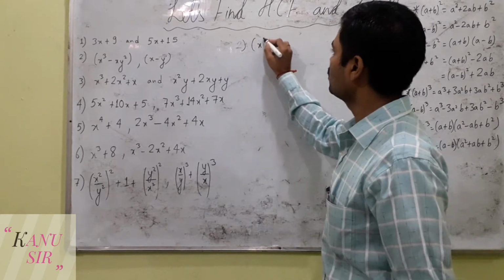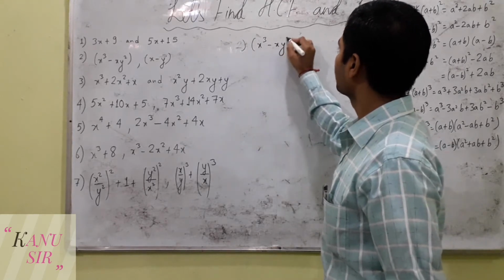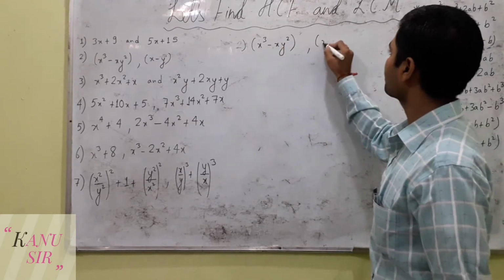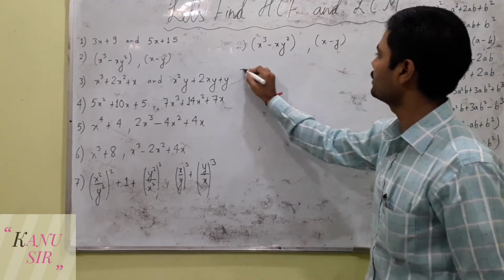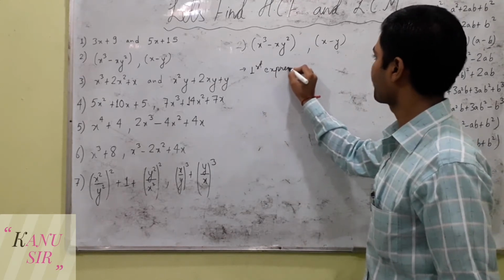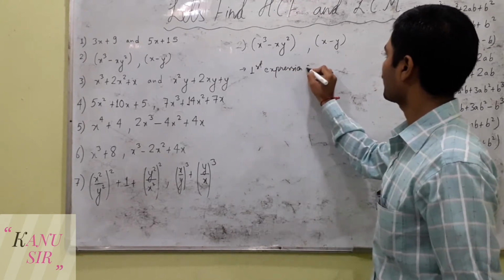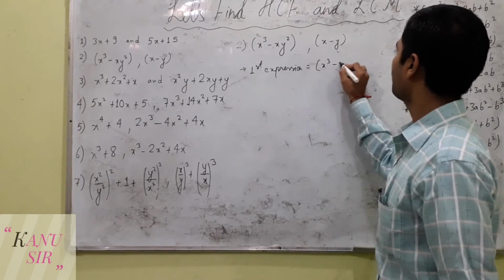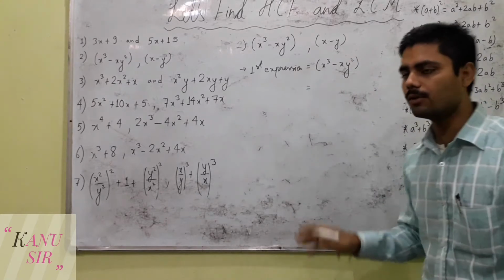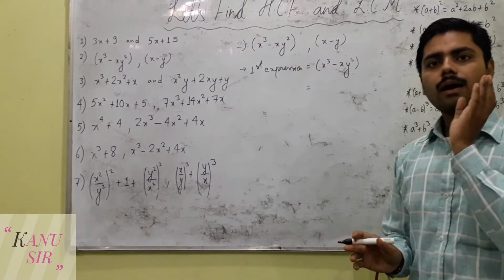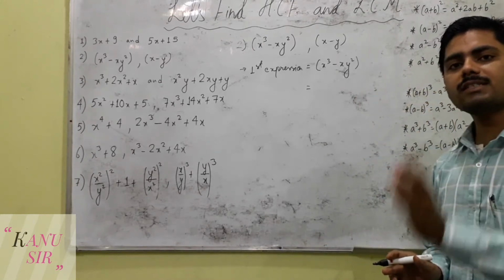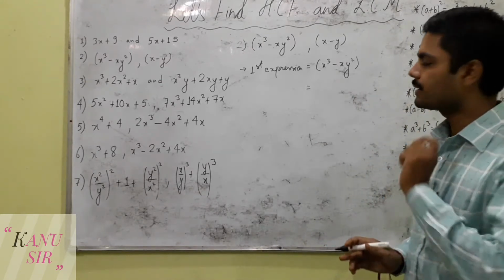In number 2, the first expression is x cube minus x y square, and the second expression is x minus y. Very simple. The first expression is x cube minus xy square, and as I explained in the first example, the first step of factorization is taking common.